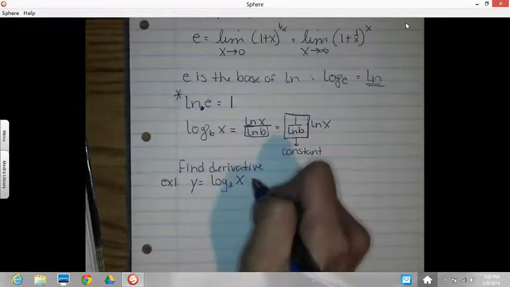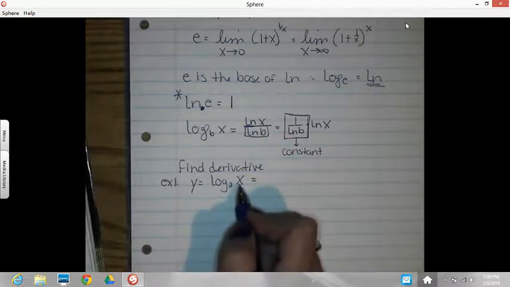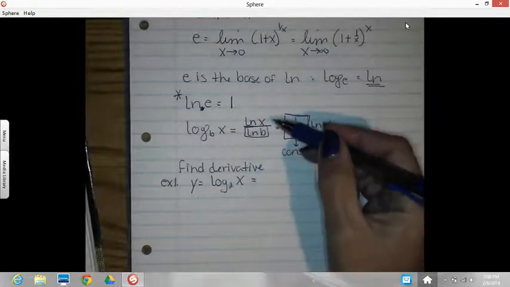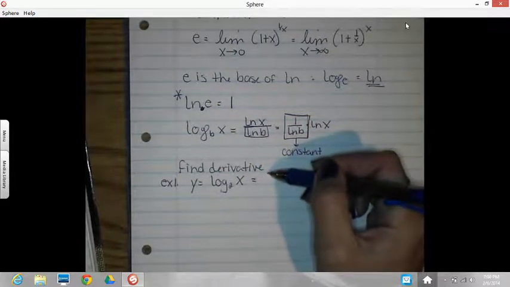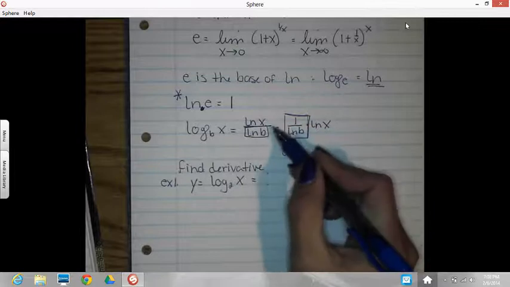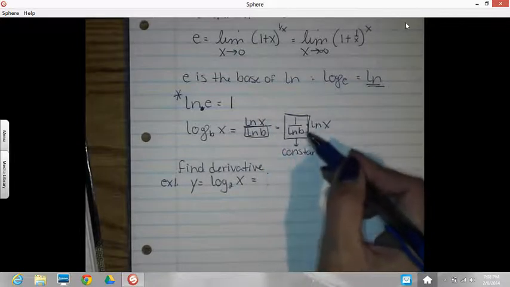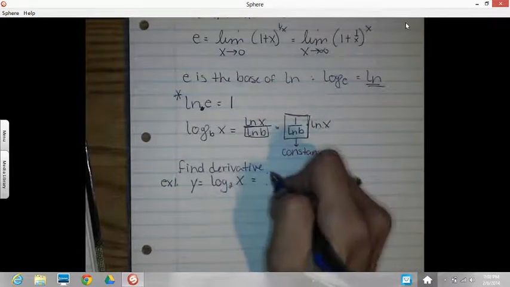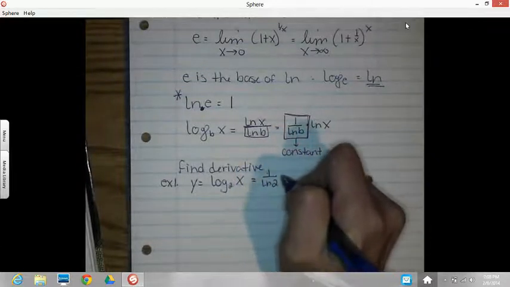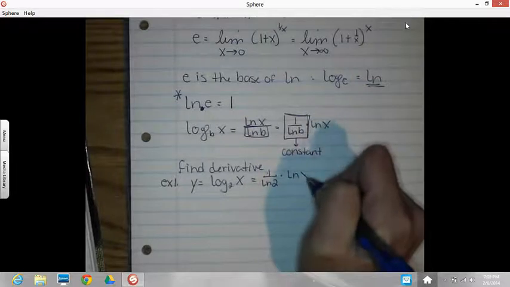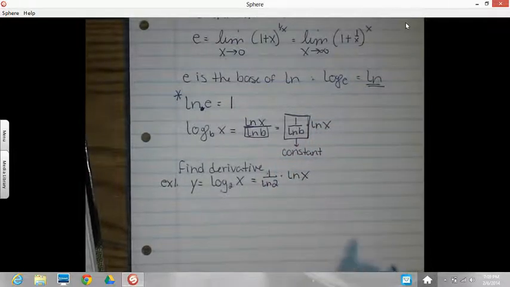So we're going to use the change of base property to rewrite this. And instead of writing it as the stacked fraction here, natural log of x over natural log of 2, I'm going to pull the constant out in front on the first step. So it's going to be 1 over natural log of 2 times natural log of x. Okay, now we're ready for derivative.